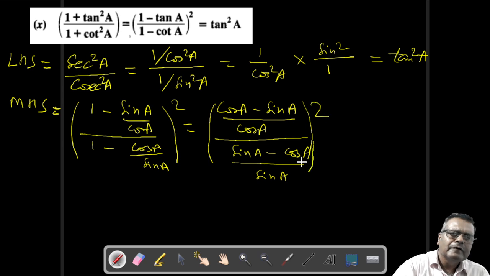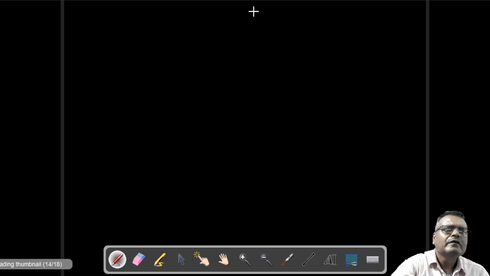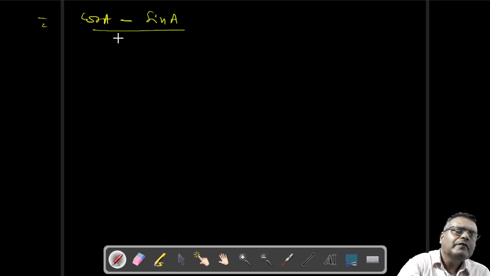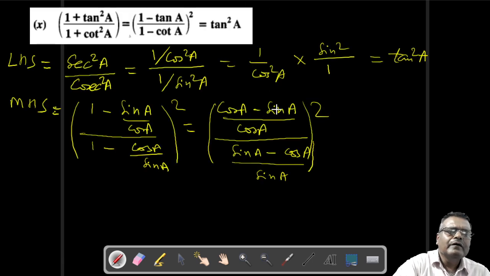Right? So you can write cos A minus sin A divided by cos A, this division changes into multiplication.